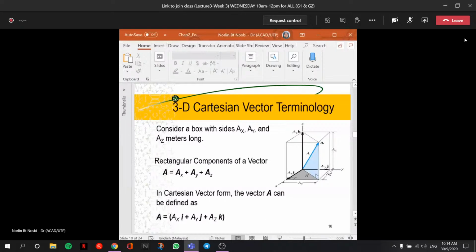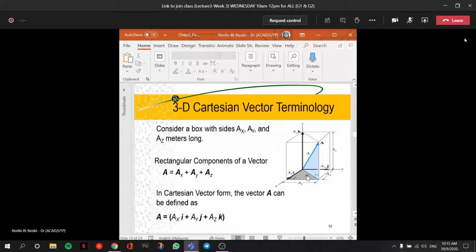If you have a force, or a vector A, like this one, you should imagine it in a box shape, because today we are learning about 3D. When vector A's direction is upwards like this, you imagine the shape in a rectangular box, or maybe a square, I'm not sure, but later when there are values, you will know the shape. For now, just imagine a box shape.